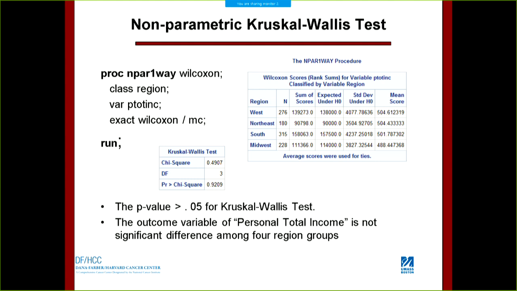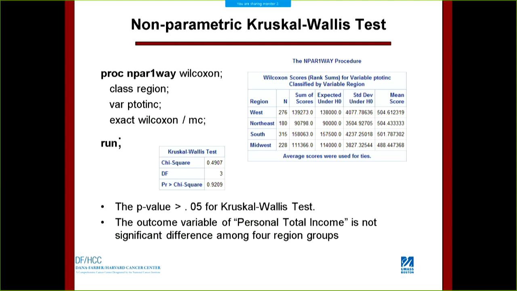We use PROC NPAR1WAY, run that, and I think we have the same results. The Kruskal-Wallis test shows that the p-value is also greater than 5%. The hypothesis is not equal mean now, it's equal median, and it's not rejected.